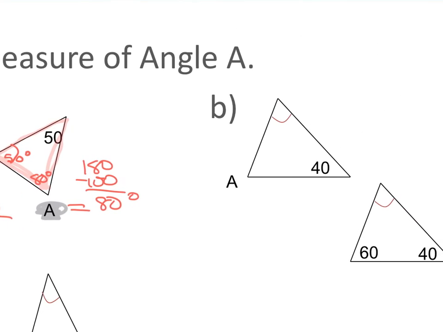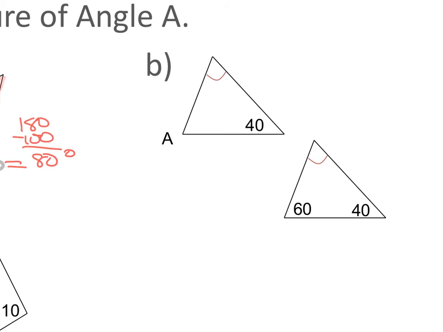So for example B, these are actually two congruent triangles. This is sort of leading us into what we're going to be doing here. So notice this has a congruency mark, so it matches here. And then this one is marked as a 40, and so is this one. So then angle A is going to match with this one, so it'll be 60.